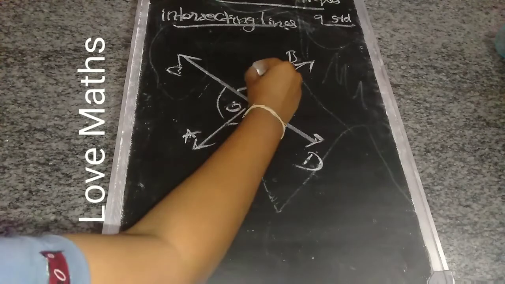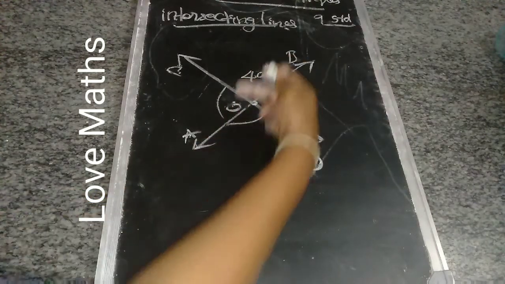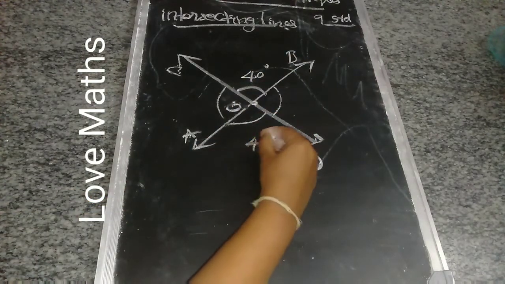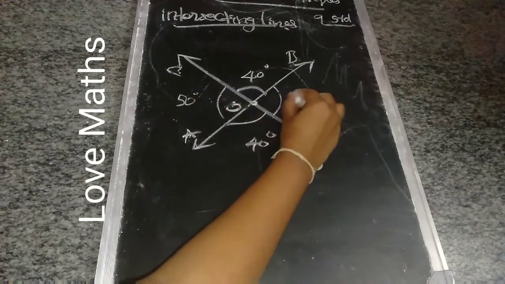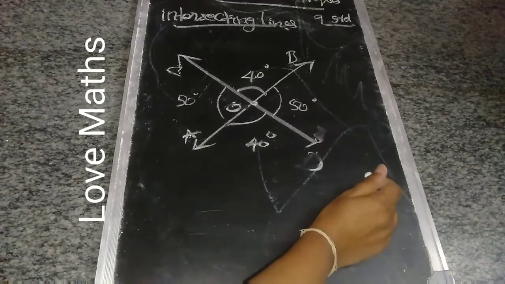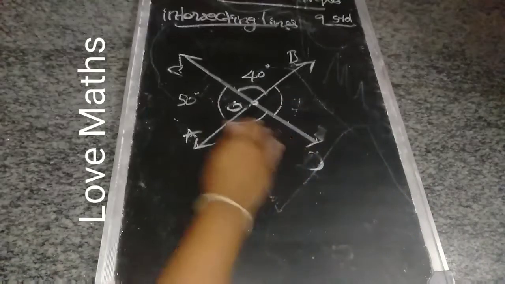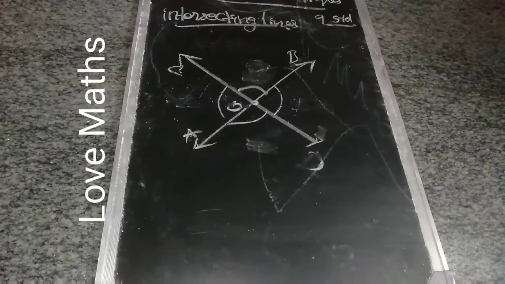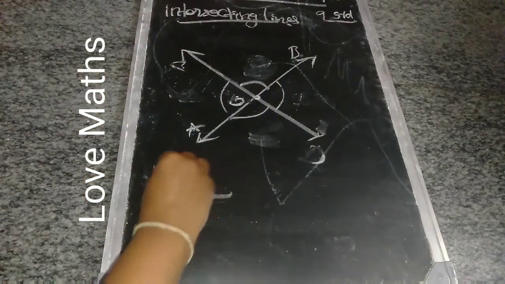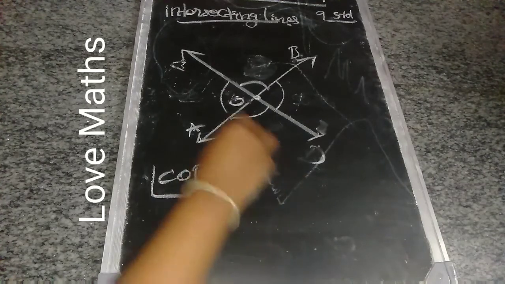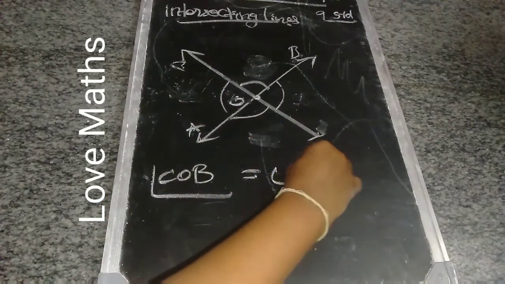For example, this is 40 degrees, so where is its opposite? Here. So this is also 40 degrees. This is 50 degrees, so this is also 50 degrees. Like that, vertically opposite angles are equal. Which two angles are equal? Angle COB is opposite to angle AOD.